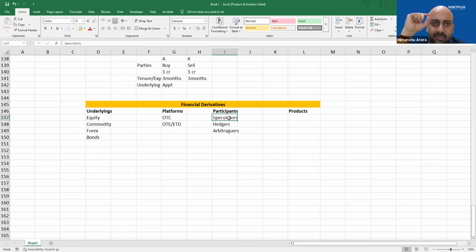A speculator is the one who enters the market only for the sake of making money. He always has an opinion about the market, either bullish or bearish or flat. Not having an opinion is also an opinion, as in expecting a flat market is also an opinion.